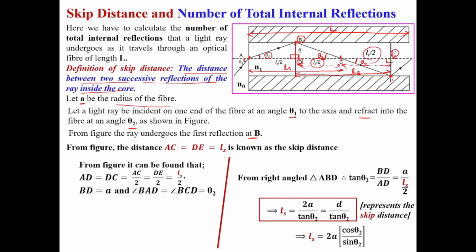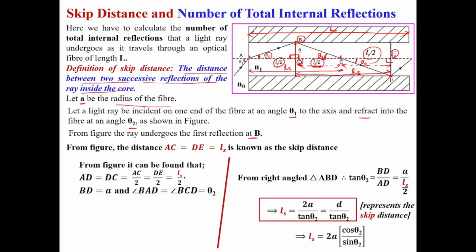Now if D to C is Ls by 2 and this angle is theta 2, this angle also theta 2, and this is 90 degrees, so obviously A to D is also Ls by 2.